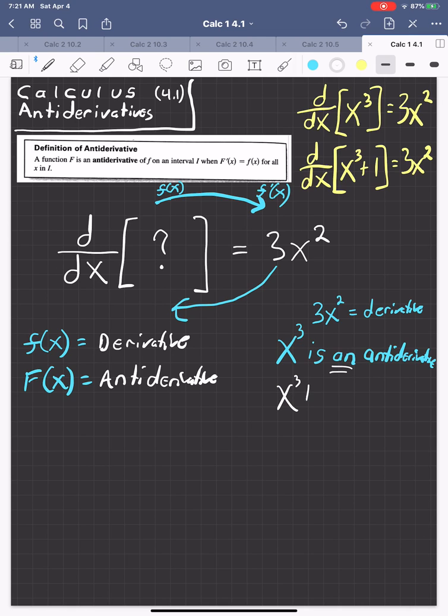In fact, any x cubed plus a constant would have worked in this case, since the derivative of a constant is 0. So any x cubed plus c would have worked. Since we don't know what the value of c was, this is the family of antiderivatives.